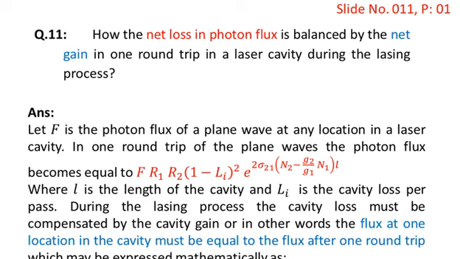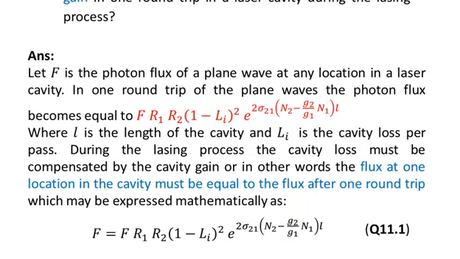In one round trip of the plane wave, the photon flux becomes F times R1 times R2, and then the square of (1 minus Li) multiplied by e to the power 2 sigma 21, and within parenthesis we have N2 minus g2 over g1 times N1, and the parenthesis closed, and then multiplied by L, where L is the length of the cavity and capital Li is the cavity loss per pass.